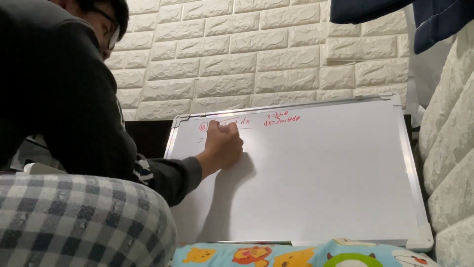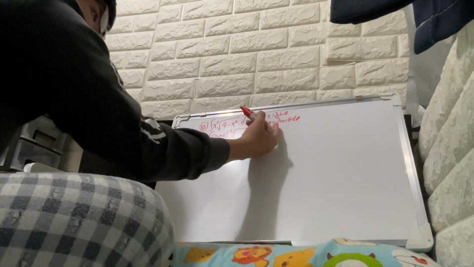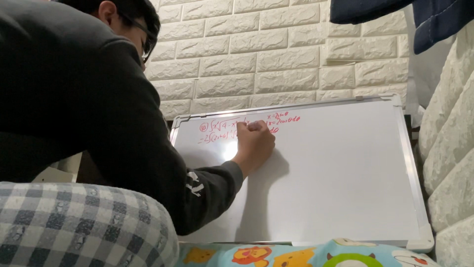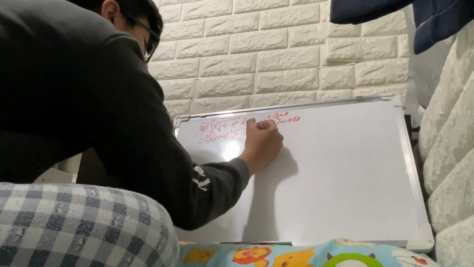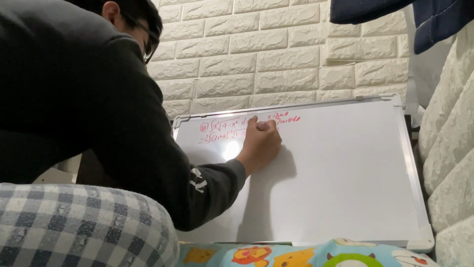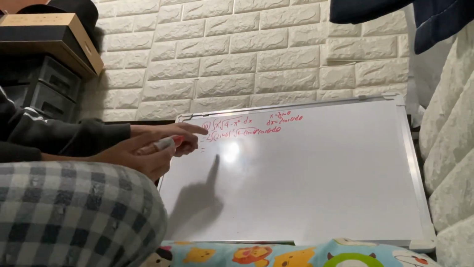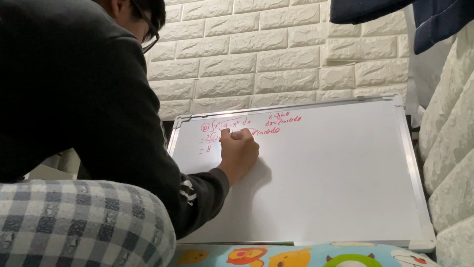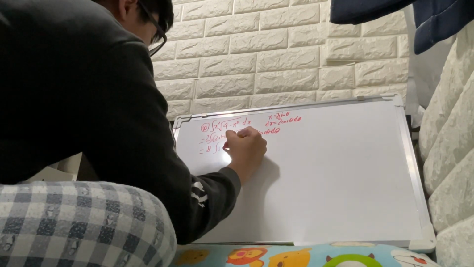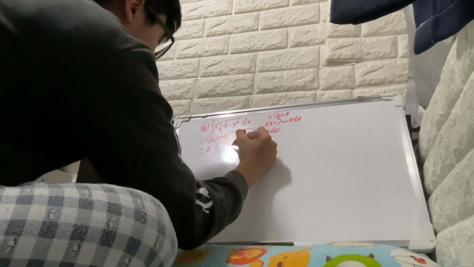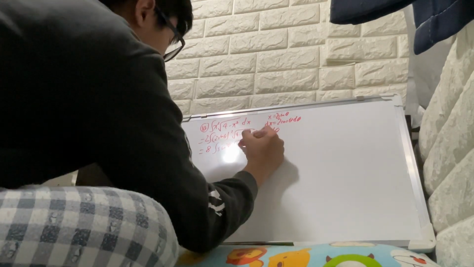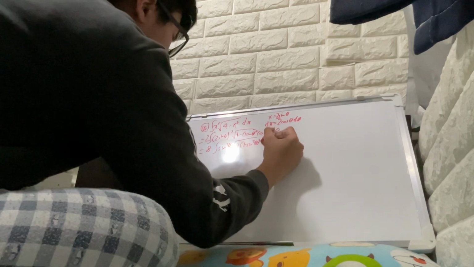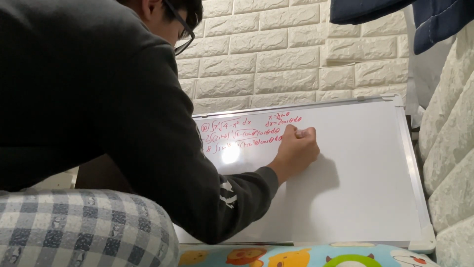Because 2 is a constant, you can put it outside the integral, and then 2 cosine theta d theta, and then 4 minus (2 sine theta) squared. So 2 squared is 4, 4 times 2 becomes 8, and then sine squared theta, and then the square root of 4 times 1 minus sine squared theta, cosine theta d theta here.